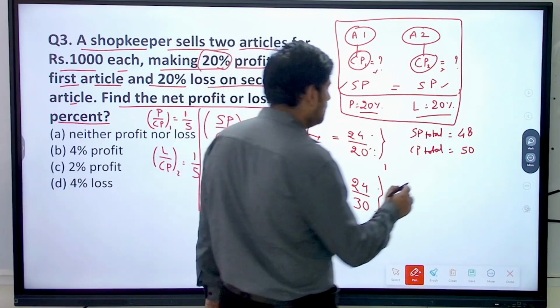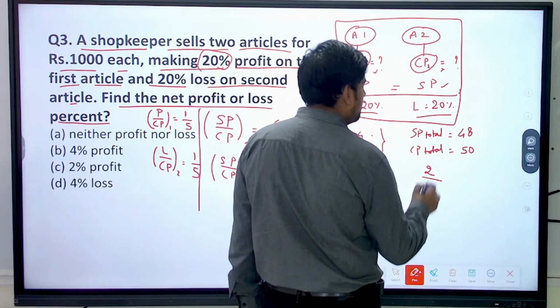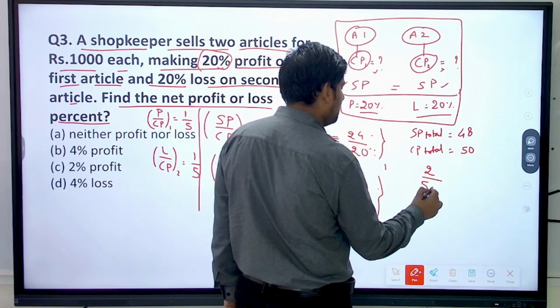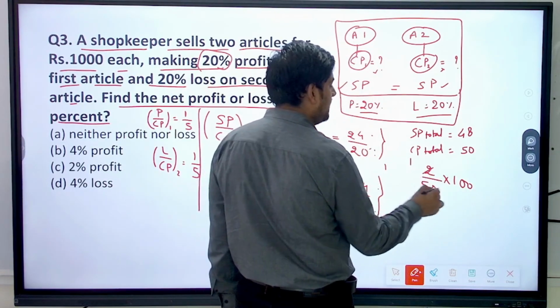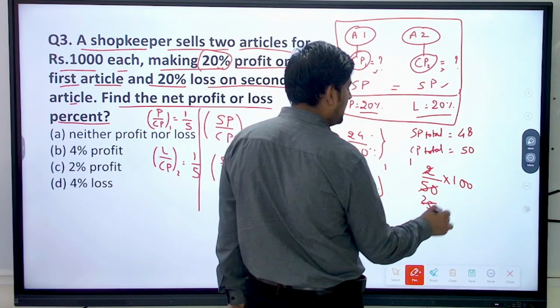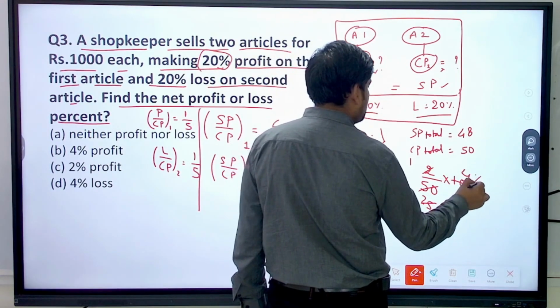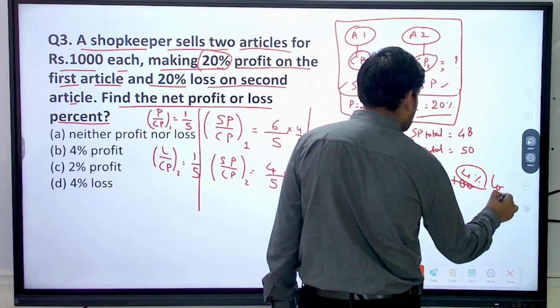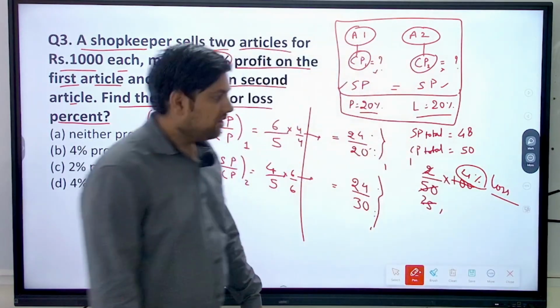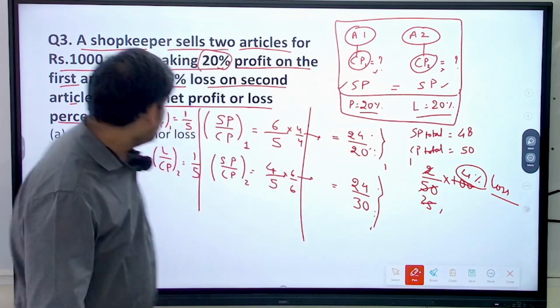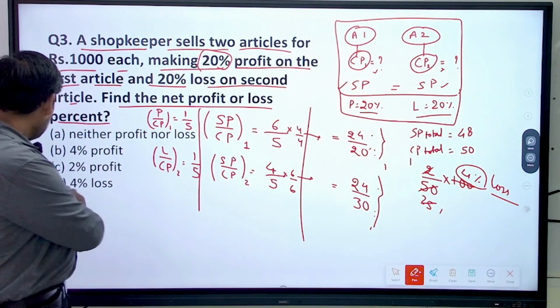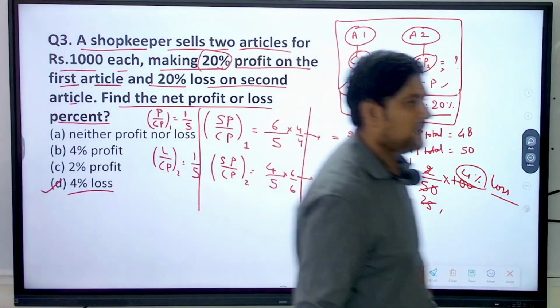How much more? 2 more. So 2 upon 50 into 100, this will be 4%. Loss. Why loss? Because cost price total is more than selling price total. That means in this whole transaction he suffered a loss of 4%.